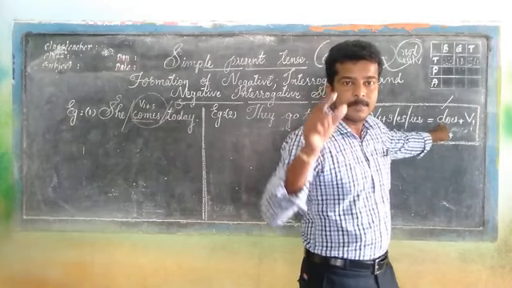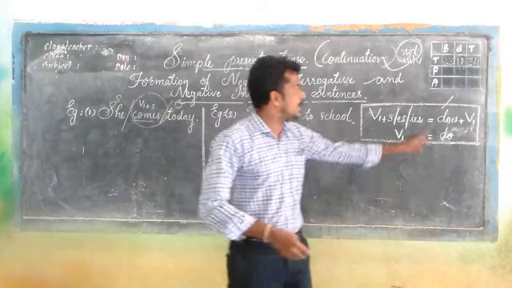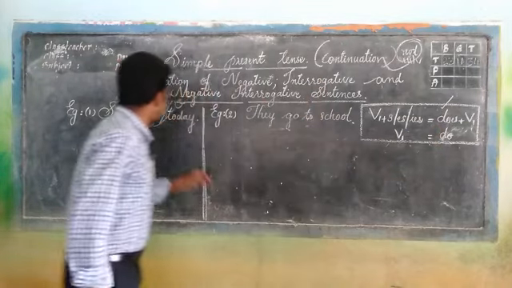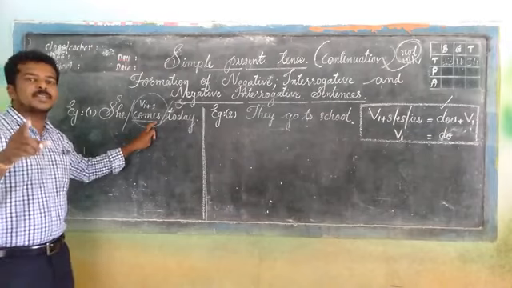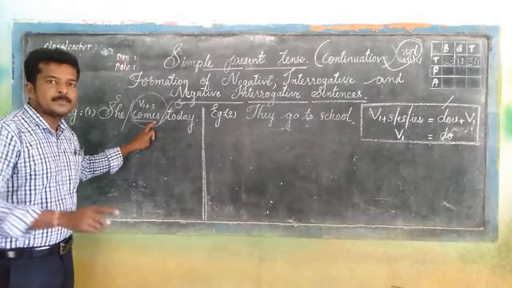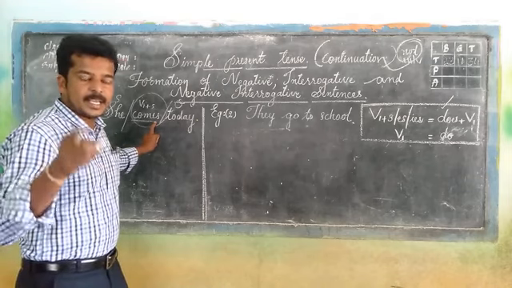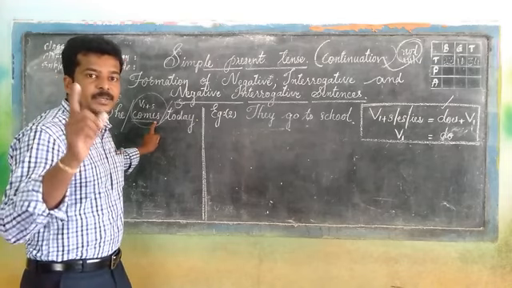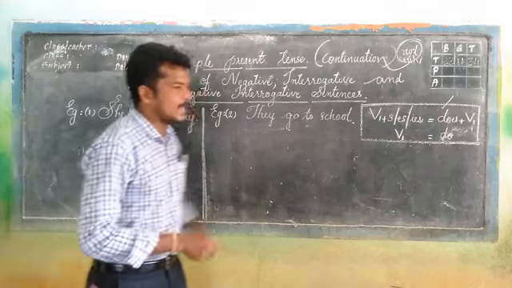Hope you understand. In order to make this sentence negative, we use does as a helping verb because the verb ends with s. Does plus not is doesn't.